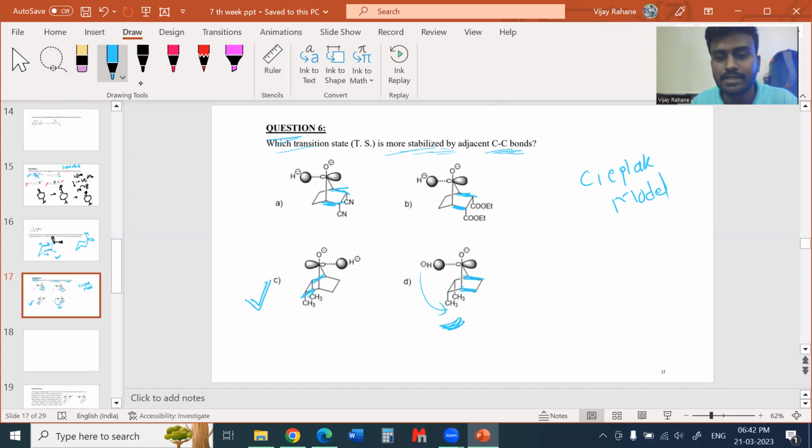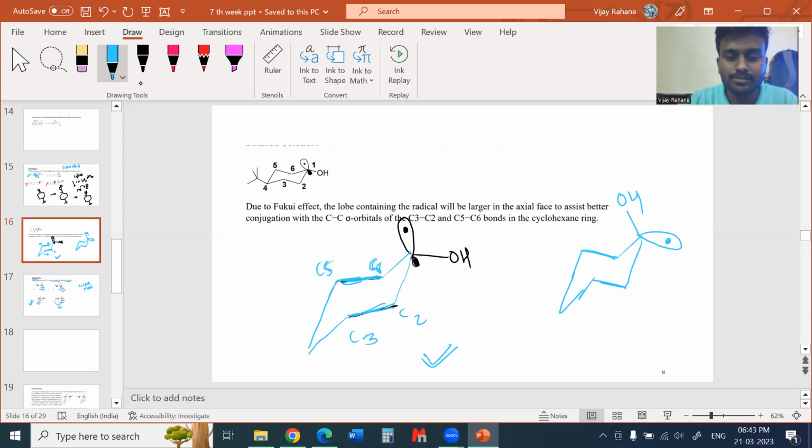In such a model, always keep in mind that electron withdrawing groups obviously destabilize, or do not help much to stabilize, this type of sigma carbon-carbon bond overlap. And the donating groups obviously increase the electron density, so they help to stabilize this orbital. Similarly, it's exactly the same question here also.